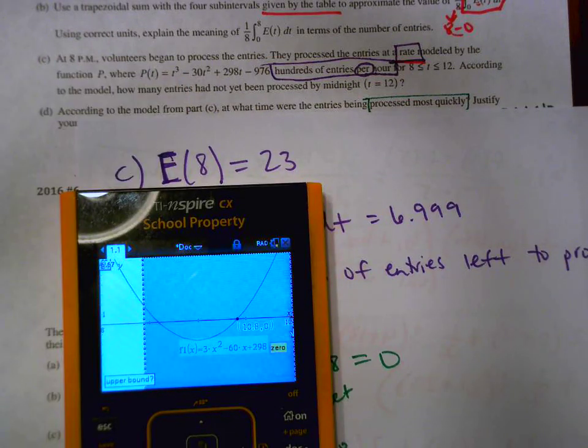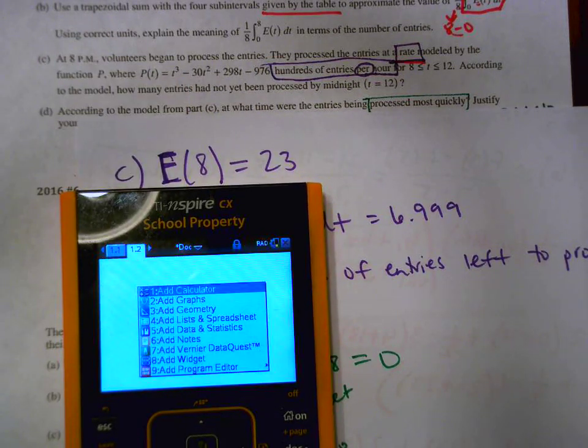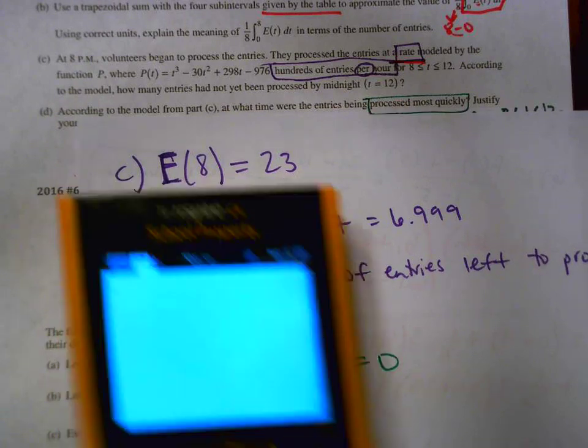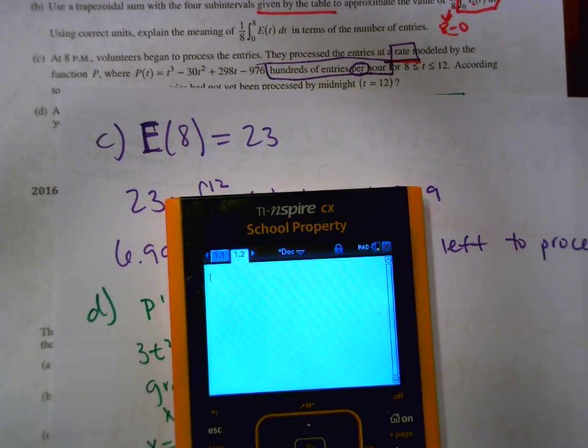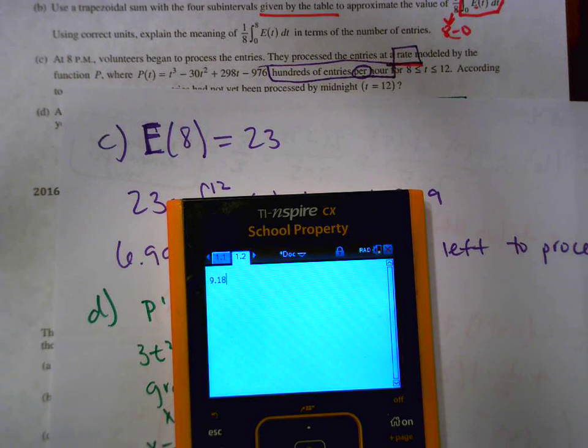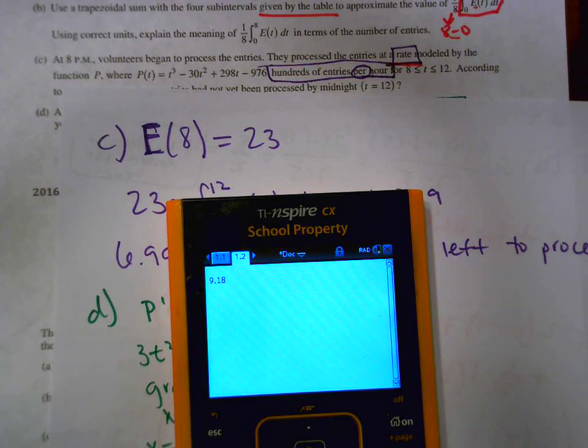So Control-I, add calculator. Let's see how fast we can do this. So 9.18 cubed minus 30 times 9.18 squared plus 298 times 9.18 minus 976.